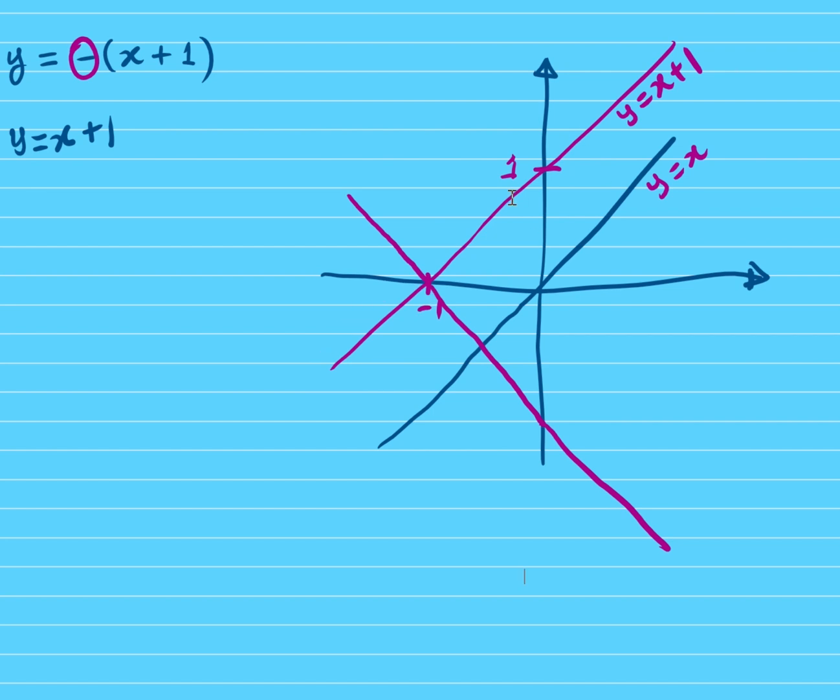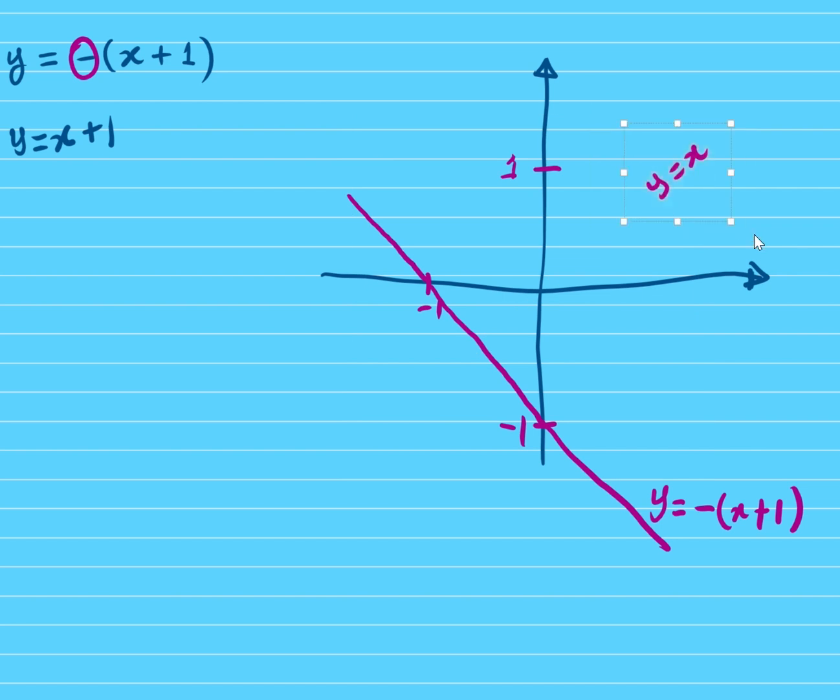Okay, so I'm just going to clean this one and take it away. This one we have will then be y equals -x plus 1. Okay, in that case, this one will be -1, right? So I'm just going to clean these out.